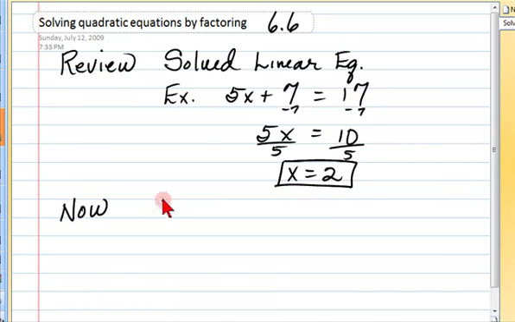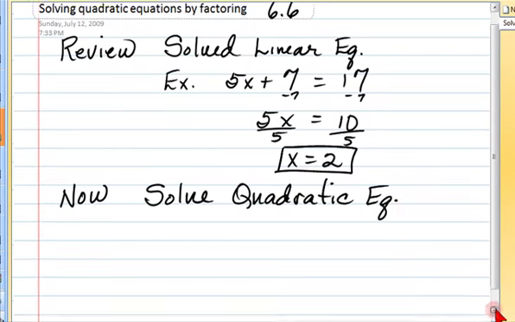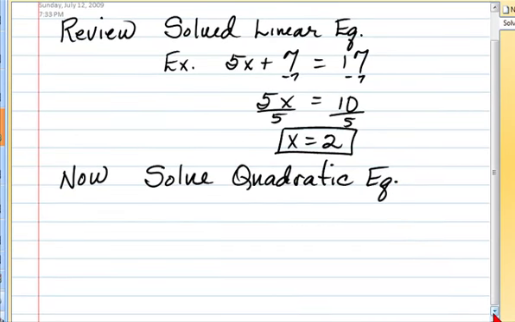Okay, now we're going to solve what are called quadratic equations. Before our course is totally over, you will have learned about 4 techniques for solving quadratic equations, 4 different ways to do it.